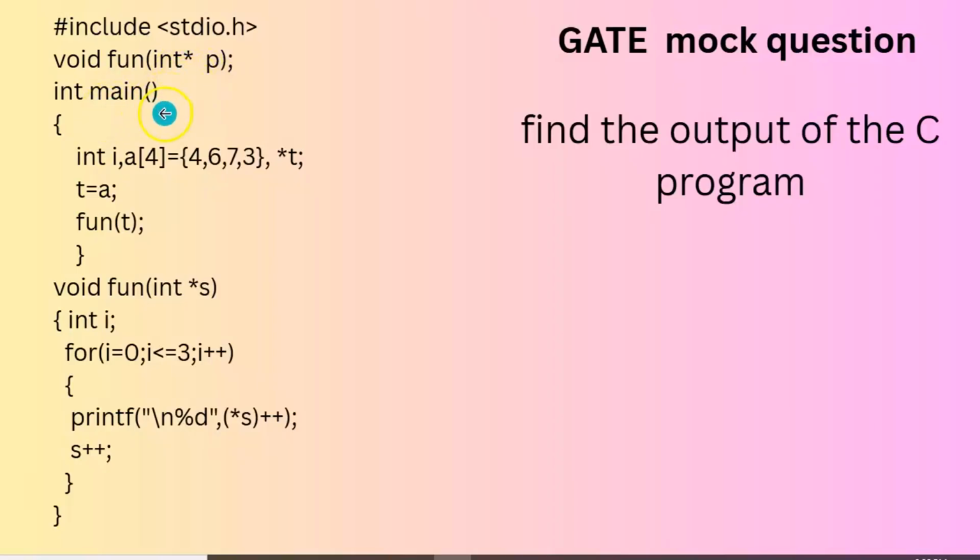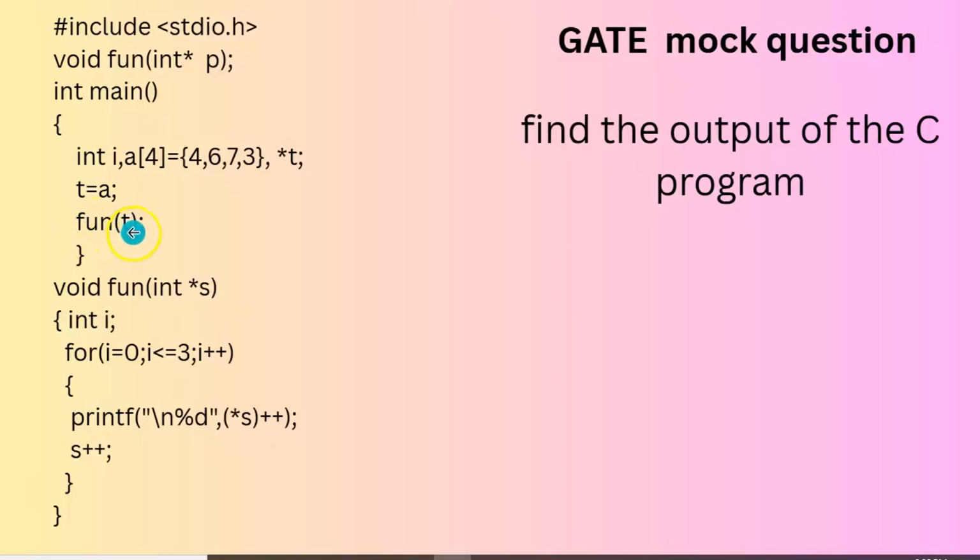In the main function, we have declared a variable I of integer data type and array A with the elements 4, 6, 7, 3, and T is a pointer variable to integer data type, and T is assigned with the address of the array A. That means address of A of 0 is assigned to the pointer variable T, and we are calling the function fun with the argument T.